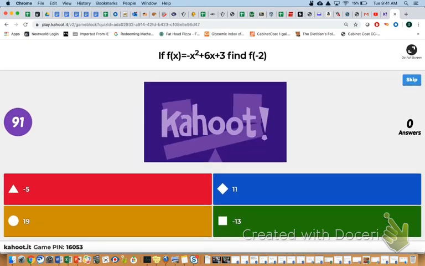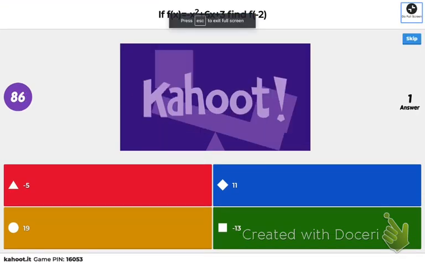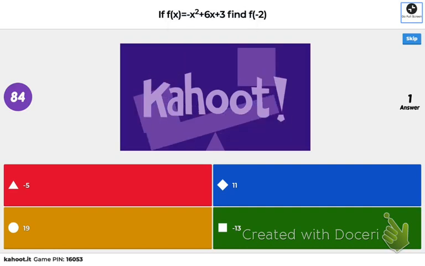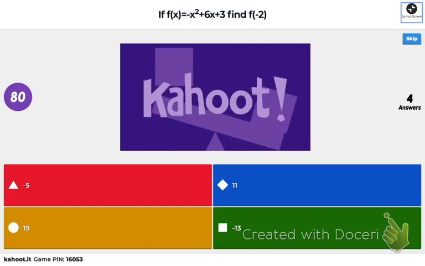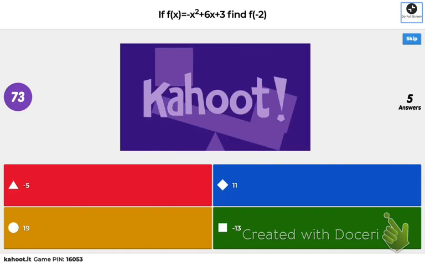Man, doggone, I put things in the wrong spot. The yellow answer is 19. The green answer is negative 13. Anyways, the point here is just to practice, learn, have fun. So do your best. See how it goes.